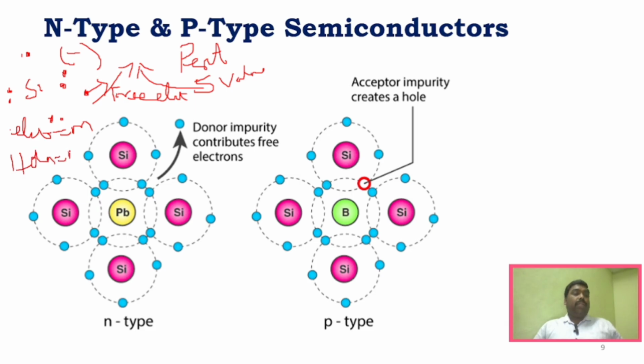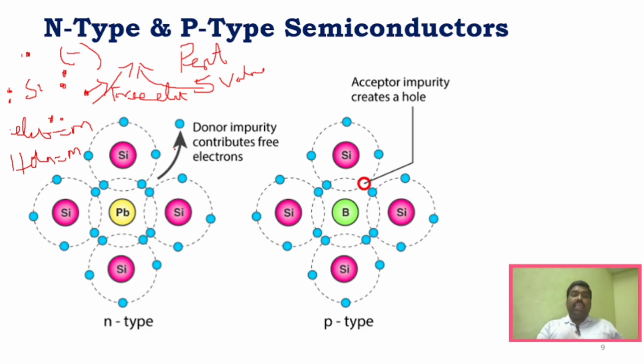So if you take any N-type material, electrons will be more and holes will be the minority. That's because of this donor impurity, because it is donating 1 free electron. The pentavalent impurity is also called a donor impurity because it contributes 1 free electron.